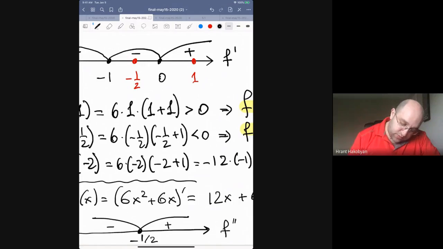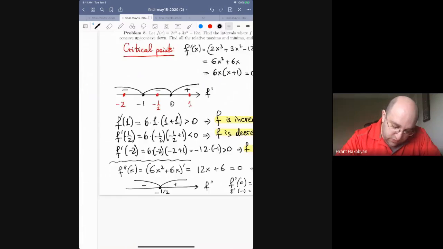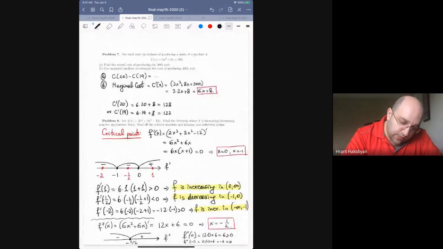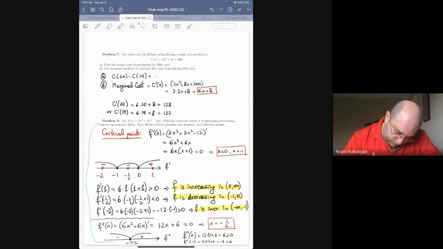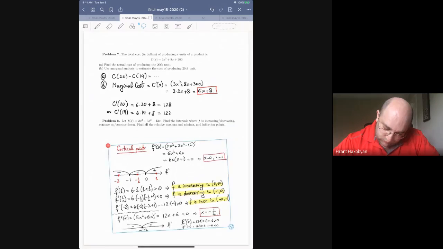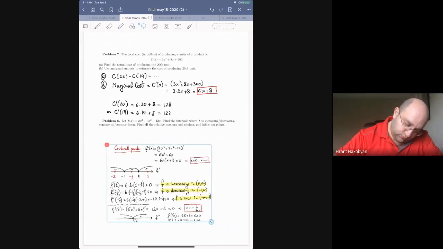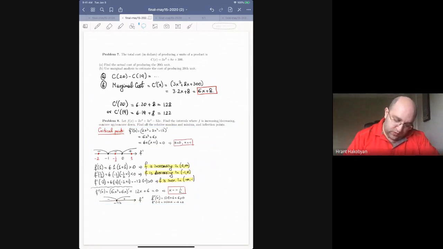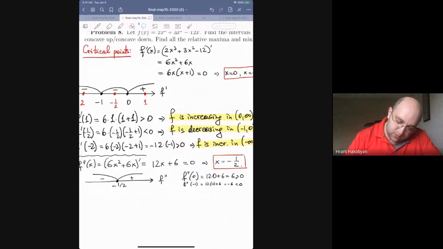I don't have much space, so I'm just going to write it down here. Maybe I can make everything smaller. Okay, so let's do it like that.